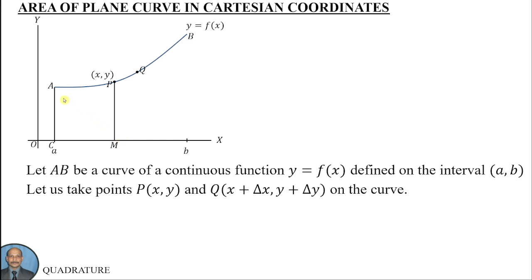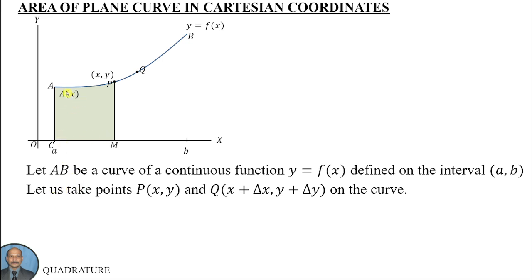Let us consider the region APMC and its area be A(x). Here PM is a variable ordinate and the APMC area is the variable area, and AC is the fixed ordinate.